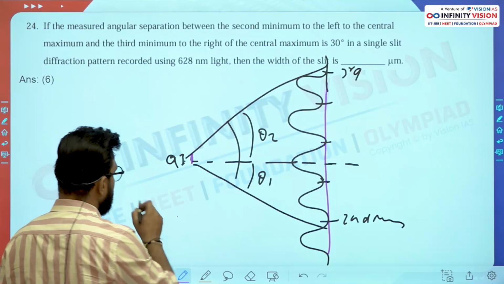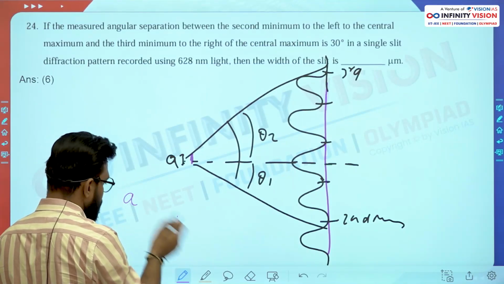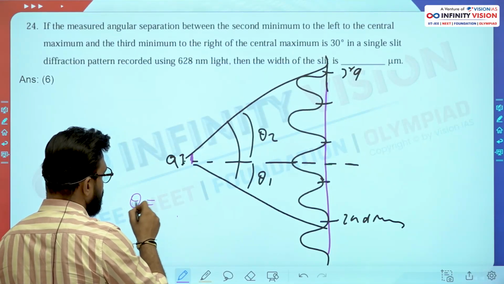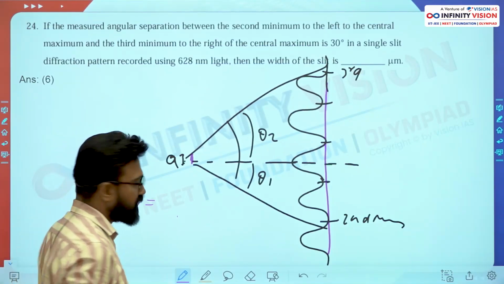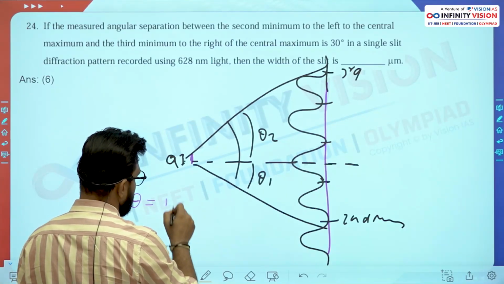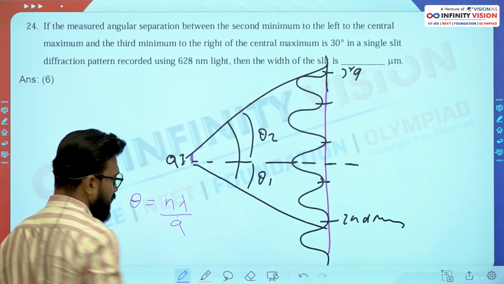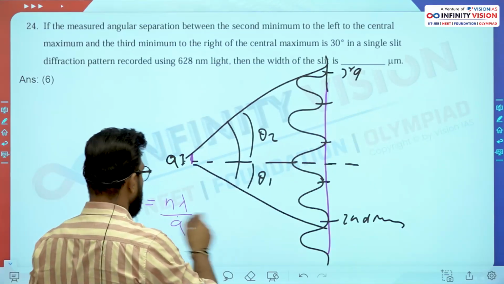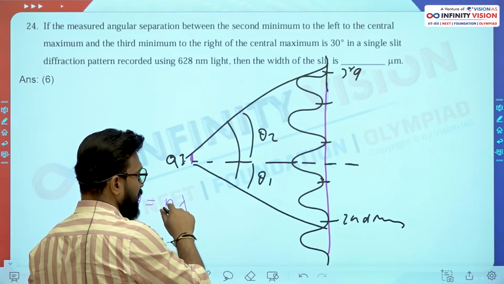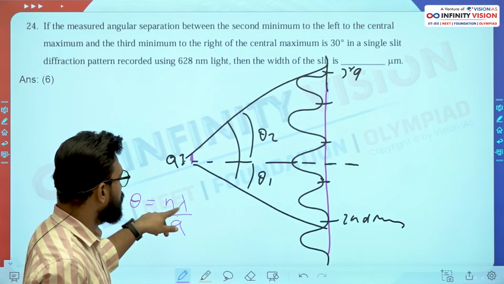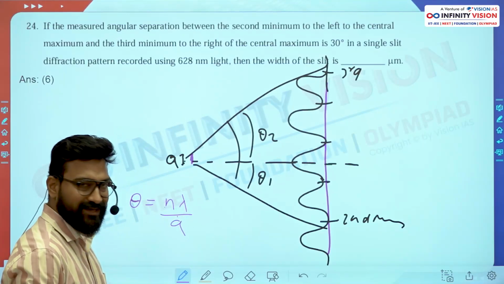We know that the angular separation for the minima is n lambda by A. For the first minima n would be 1, for the second minima n would be 2, for the third minima n would be 3.